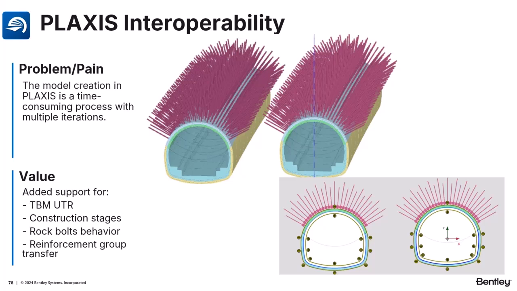So now we have the model creation in PLAXIS, so we can create that, in which we added support for the tunnel boring machines, right, on the tapered rings. So it's just part of that. We account also for construction stages, rock bolts behavior and reinforcement group.